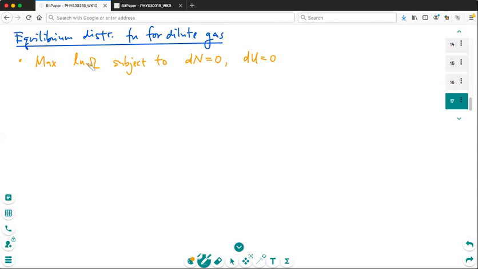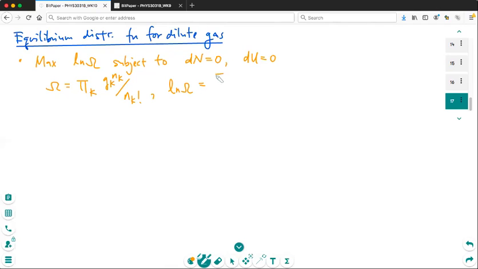So then let's work out log of omega. Log of omega, you take the expression of omega in the previous page, you have this GK raised to the power of NK divided by NK factorial. Now you take the log, you have the summation.